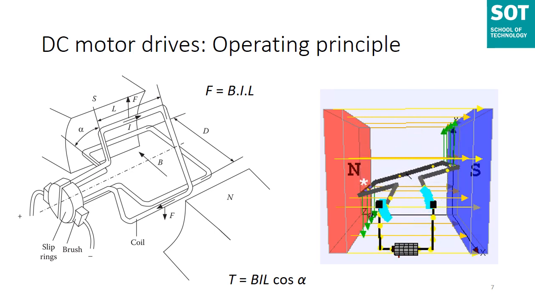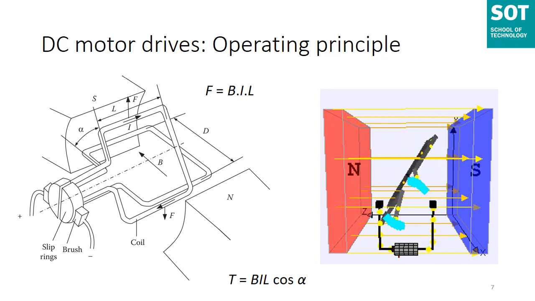The magnetic field may be produced by a set of windings or permanent magnets. If the magnetic field is produced by a set of windings, then that DC motor is called a wound field DC motor. I repeat, if the magnetic field, as you can see the N and S, is produced by a set of windings, it is called a wound field DC motor.